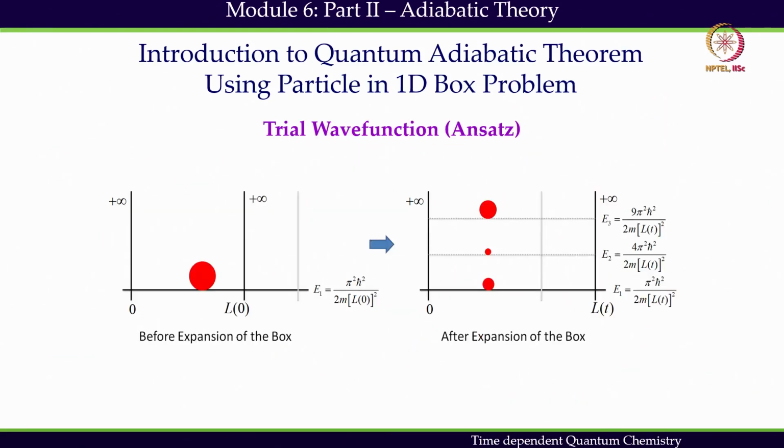With this understanding, we will move on and look at the problem which we have, the non-stationary state of the particle. Basically, before the expansion of the box, the particle is in a stationary state, and the state is defined by the Hamiltonian H0.